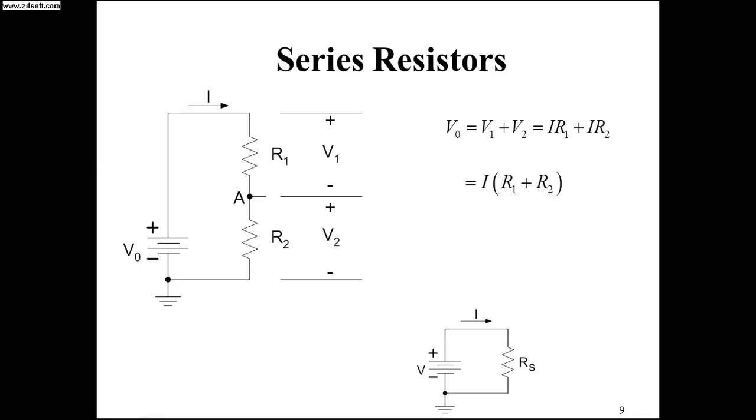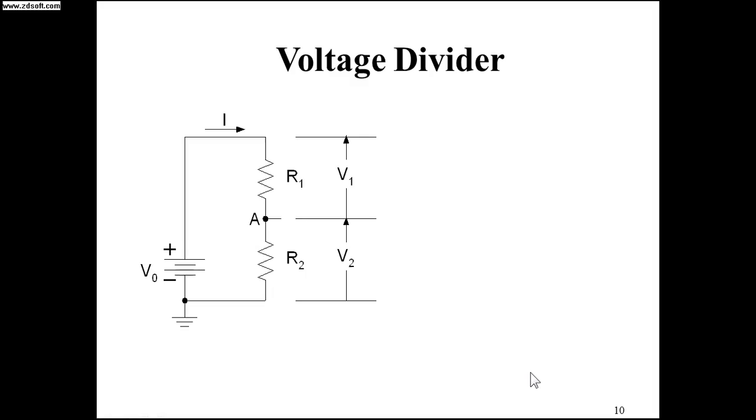So we can combine this: the equivalent resistance is R1 plus R2 if it is in series. Let us represent it as R series. So the equivalent circuit with a single resistance is V across one series resistance, that is R1 plus R2. Now coming to voltage division.